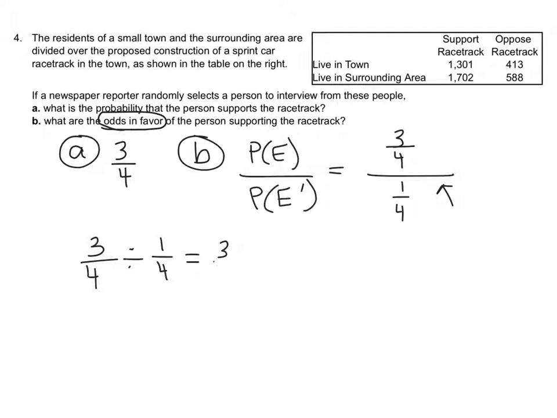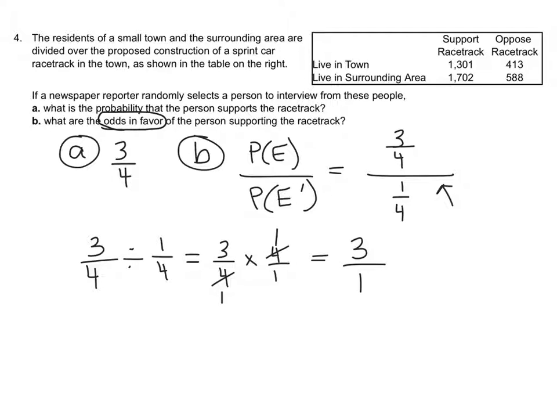To divide fractions, you keep the first fraction, change the division sign to a multiplication sign, and then flip the second fraction. Once you change the division problem to a multiplication problem, then you can cancel like factors on the top and bottom. So we'll go ahead and cancel the 4's on the top and bottom, and we're left with 3 times 1 on top, which is 3, and 1 times 1 on the bottom, which is 1.